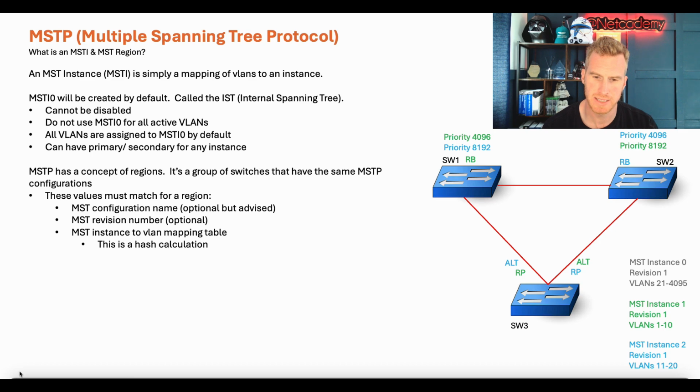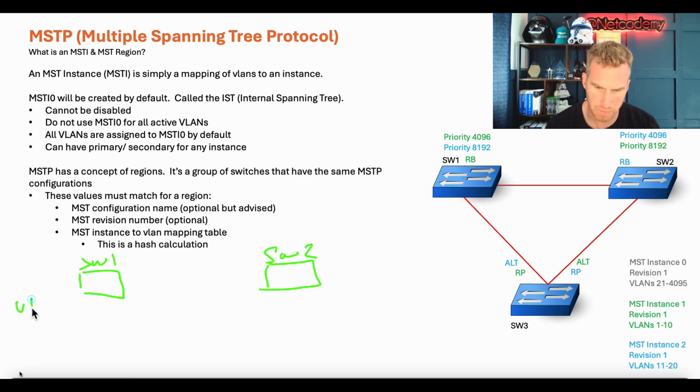And then there is this MST instance to VLAN mapping table. What is this? Well, let's look at it from switch 1. So let's say this is SW1 over here, and over here we've got SW2. They are going to have a VLAN mapping table. So let's say we've got VLANs 1 to 10, just keeping it simple, and we've got VLANs 1 to 10 on SW2 as well.